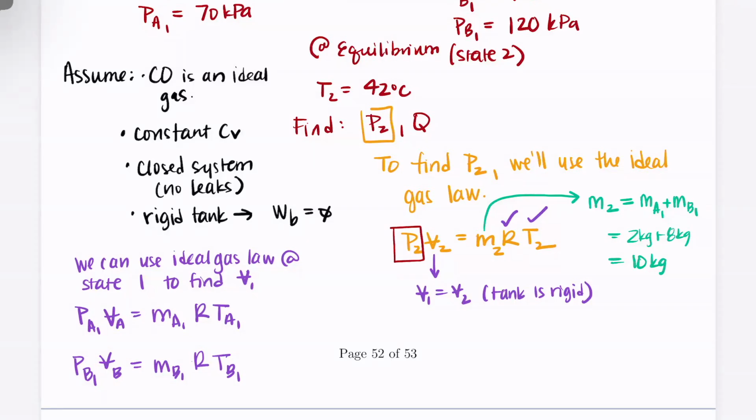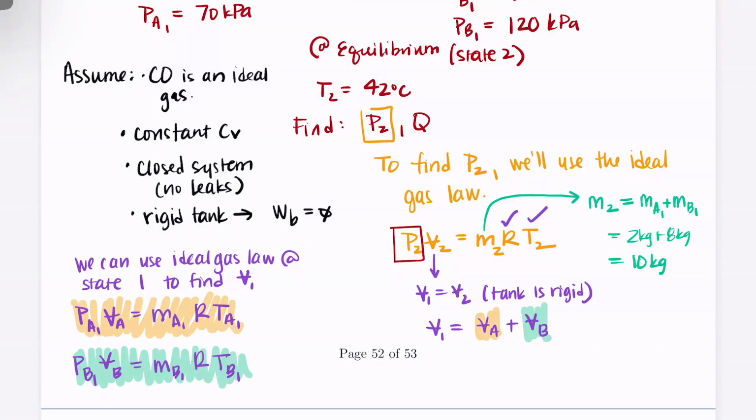So essentially what we need to do is find the volume occupied for tank A and the volume occupied for tank B, and then the total volume for state 1 is the sum of those things. So V1 is equal to VA plus VB. And we're going to use this expression to solve for VA, and we'll use this expression to solve for VB.